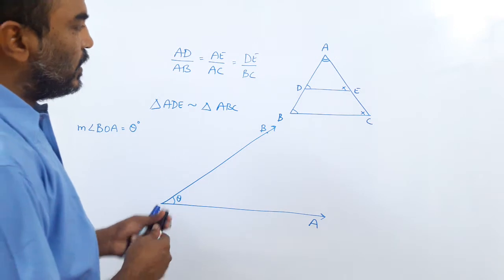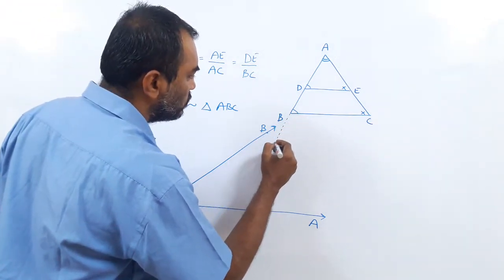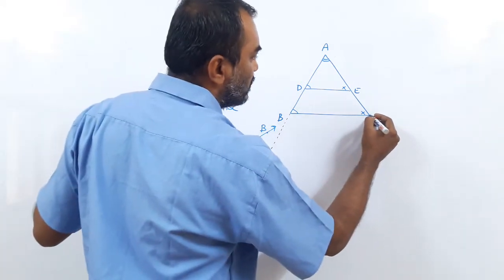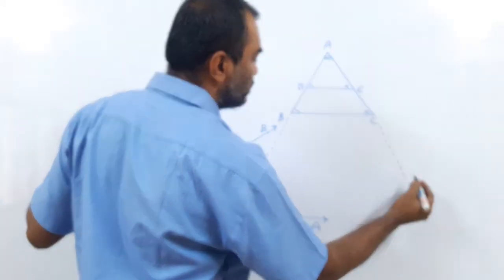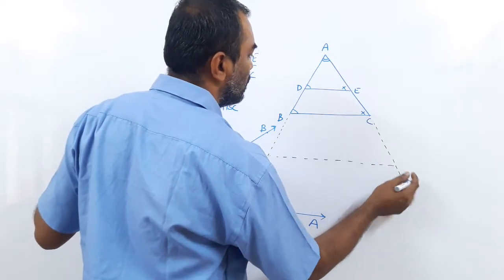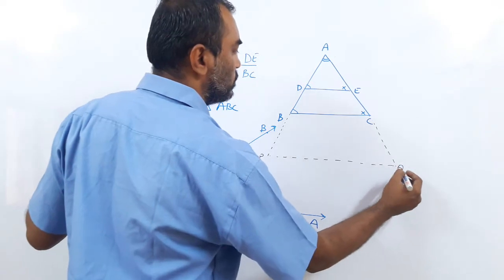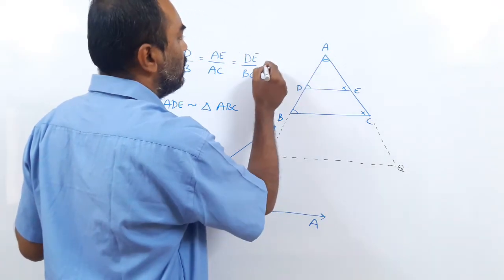Now, if I extend this line further, and I extend this line further, and I draw this line, let me call this, say, PQ. Then this angle is fixed.